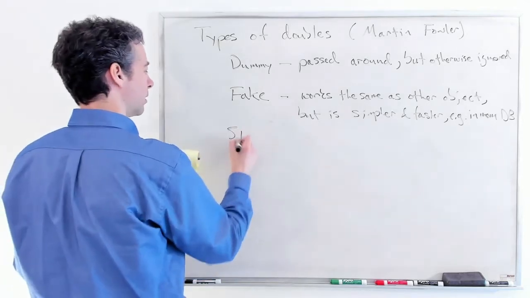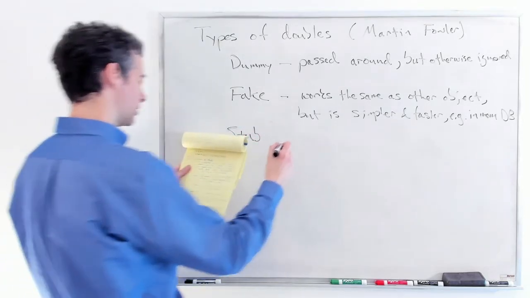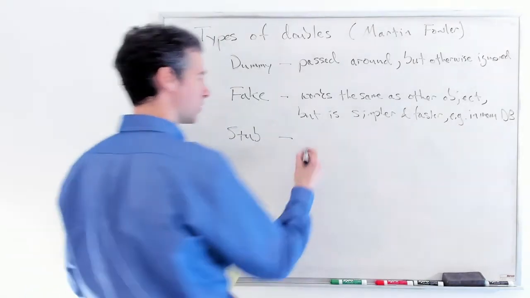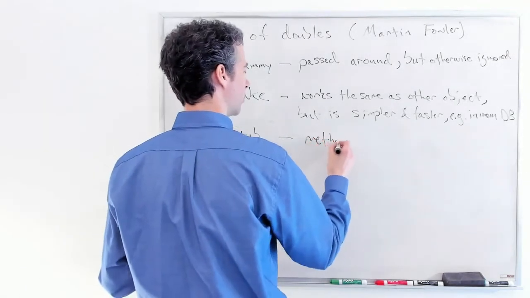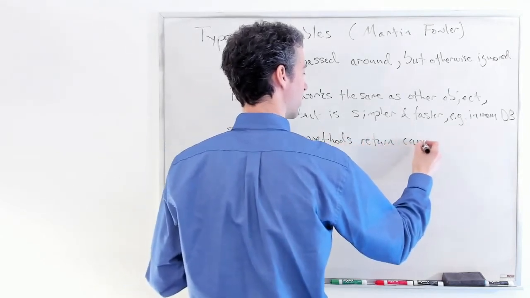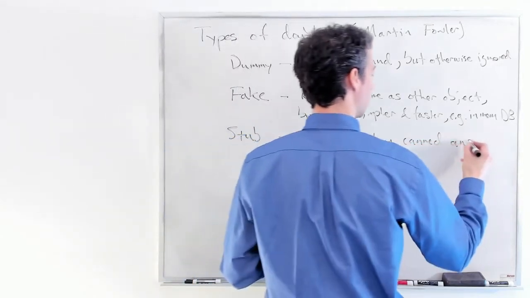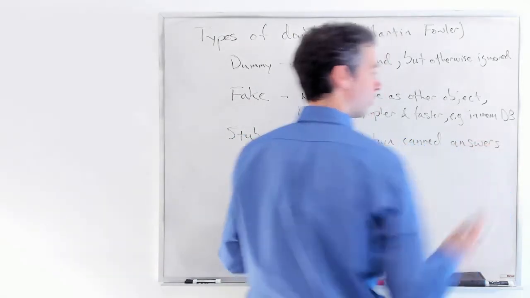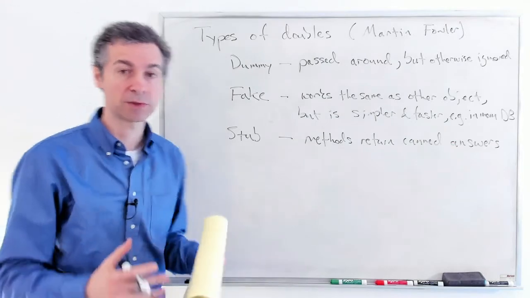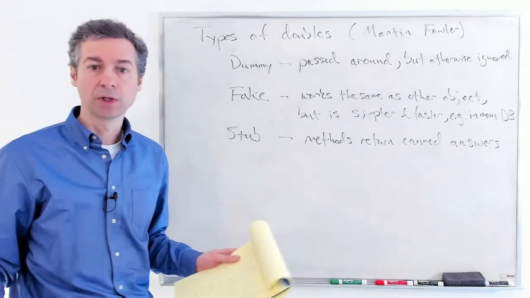All right, next up is the idea of a stub. Now a stub is an object that when you call methods of it, the methods return canned answers. So let's say we had some object that's supposed to return the current temperature.